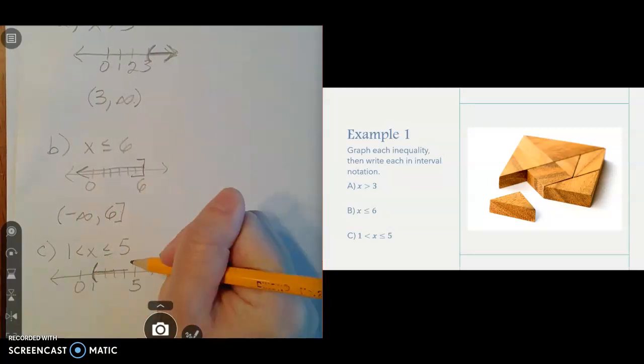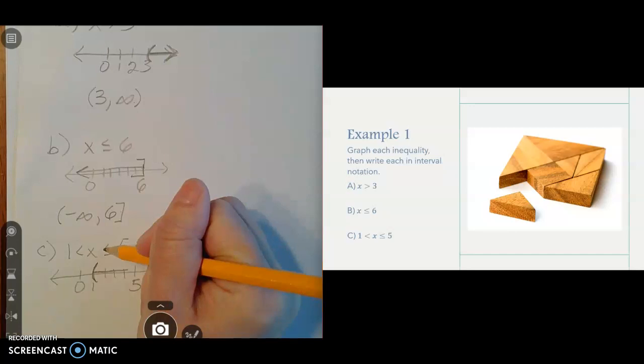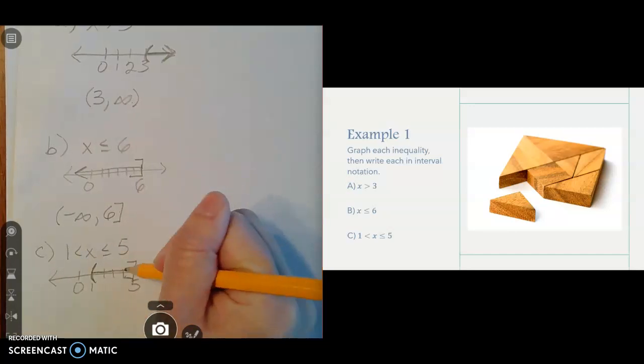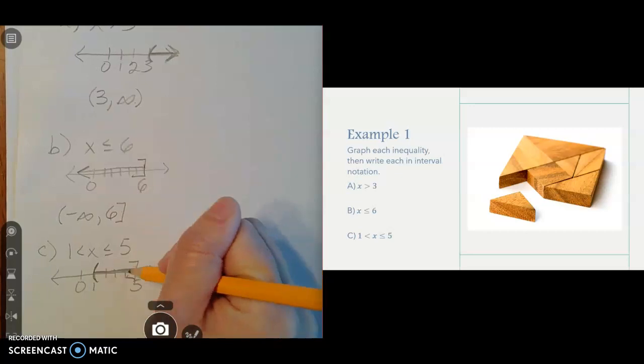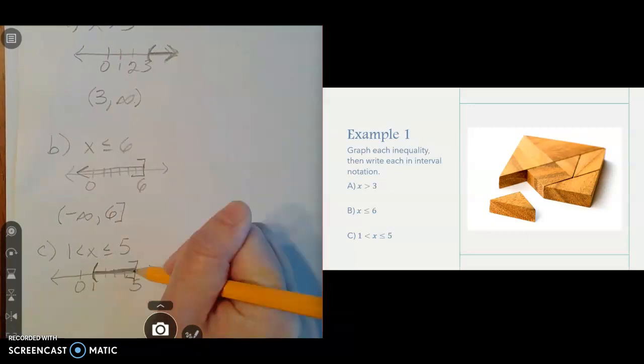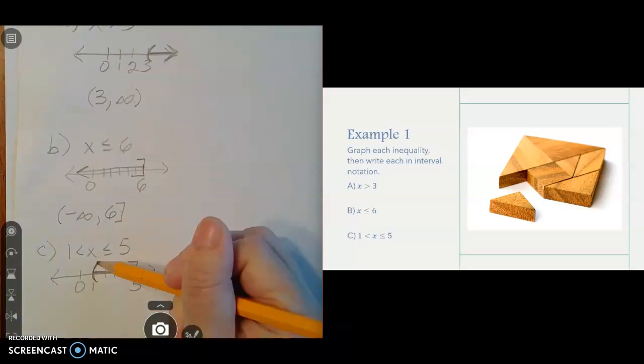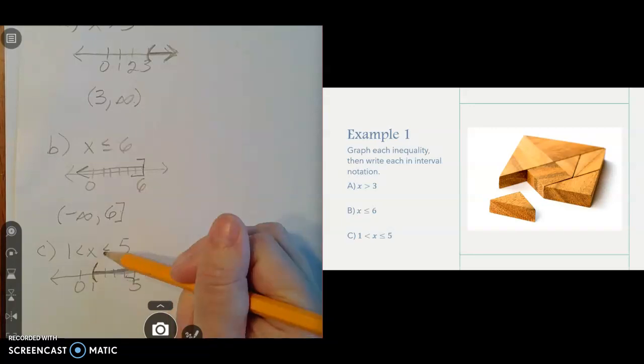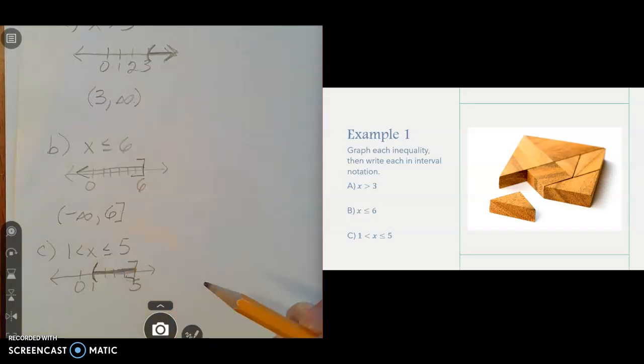And x is less than or equal to 5, so we'll have a bracket at 5 going to the left. Since it's both of those things, we're looking at the overlap, it'll be between 1 and 5. We have the parenthesis at 1 because of the just less than sign. We have the bracket at 5 because of the or equal to part of that.